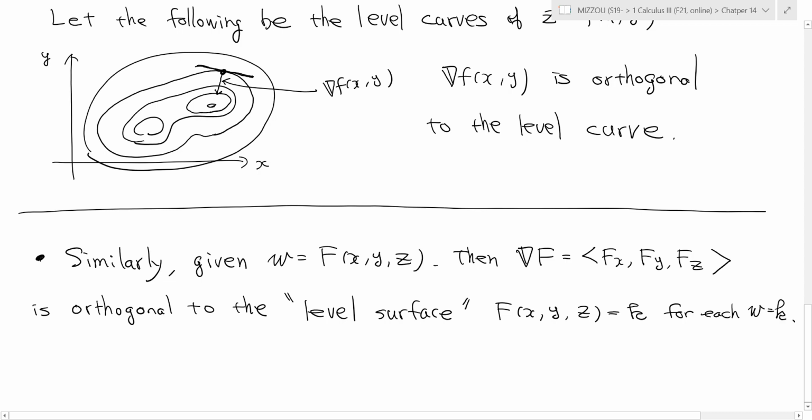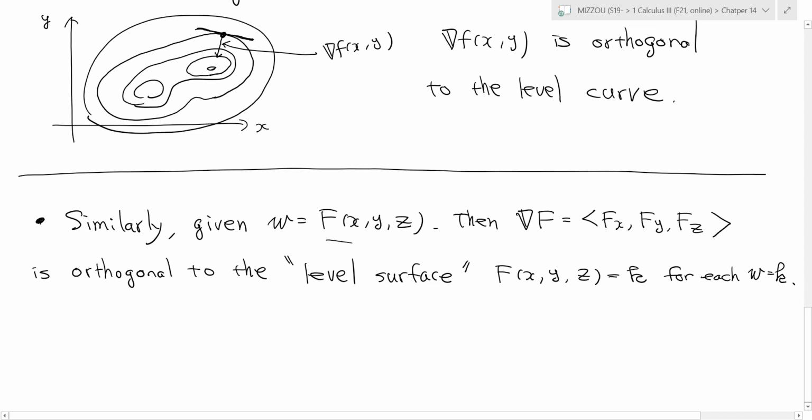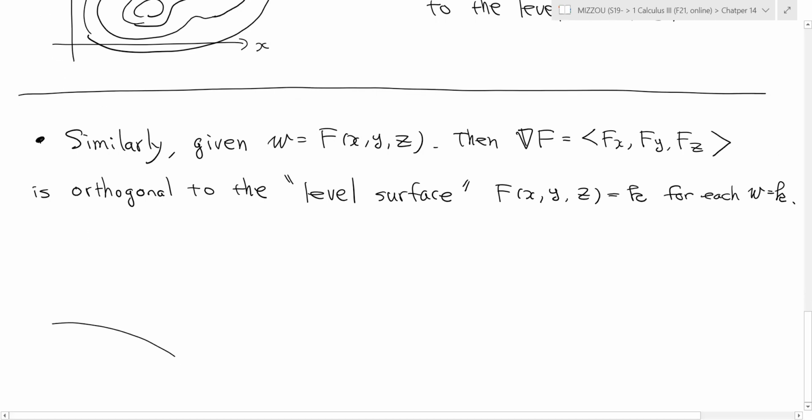And I get the surface, so that means if you are given a surface like this, the gradient vector is perpendicular, orthogonal to the surface. That actually gives you a normal vector to the tangent plane at the particular point. Namely, the picture is like this. Suppose you have a surface given by big f of x, y, z is equal to some particular number k.